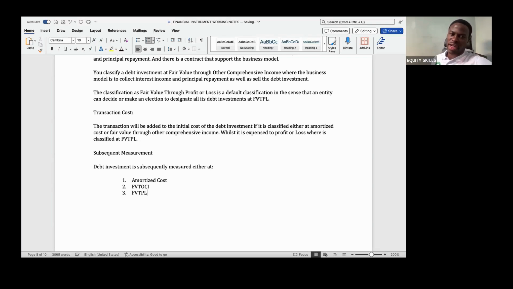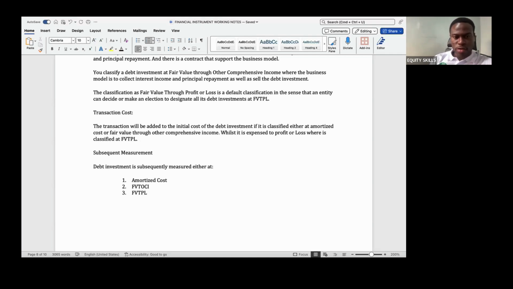I hope somebody will not start asking me what's the full meaning of this one, or what's the full meaning of that one, after reading it severally, over and over again. So fair value to OCI, that's the FVTOCI, and fair value to P&L is this other one.